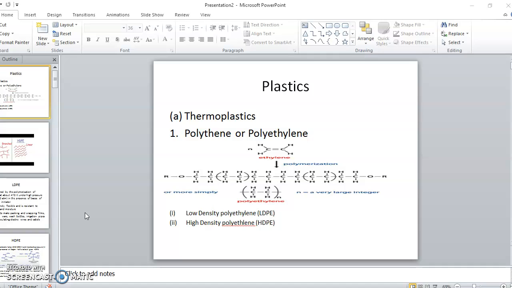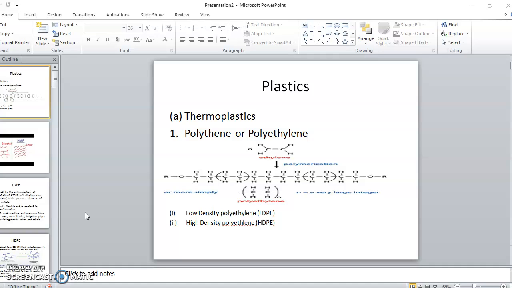First one was polyamides, compounds having amide linkage, with two examples: nylon 6,6 and nylon 6. The other was polyesters, very good examples being Terylene and Dacron. So that was our discussion in the previous class.